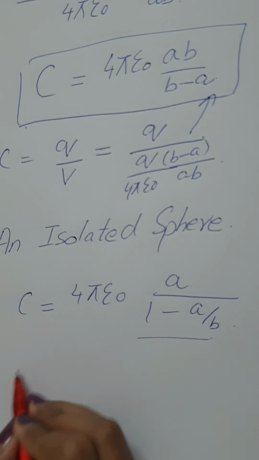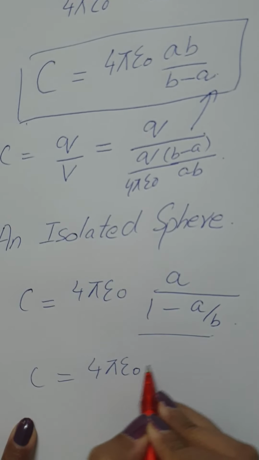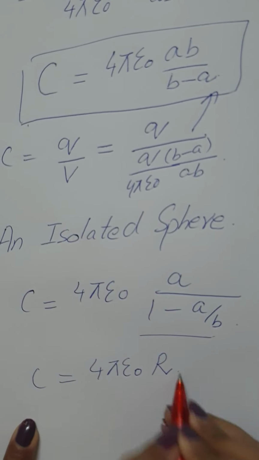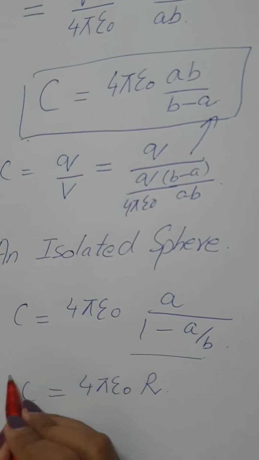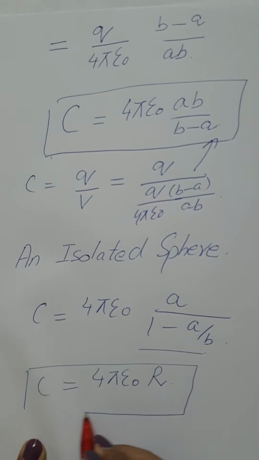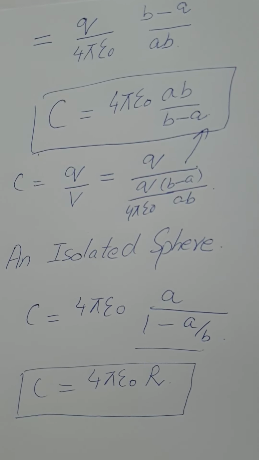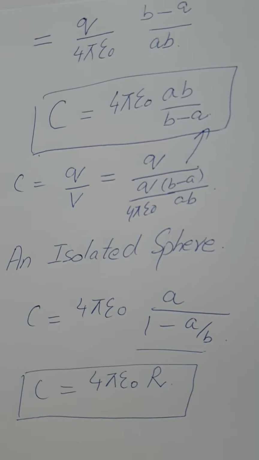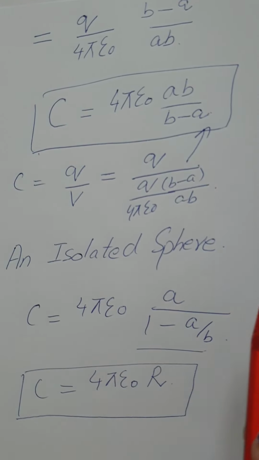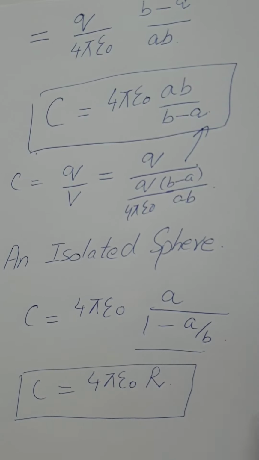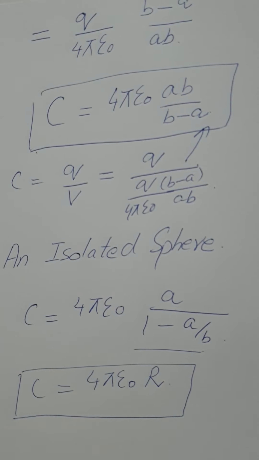Then this equation becomes 4 pi epsilon naught R. So this one is the capacitance for a single isolated sphere when the other sphere which surrounds the positive charge is at an infinite radius, or at infinite distance.